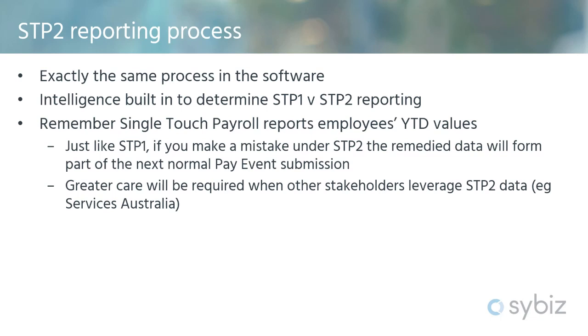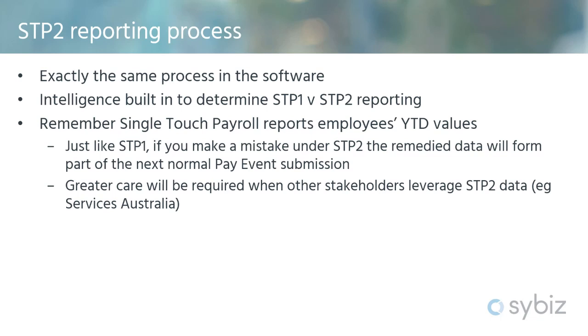So that's a positive, but certainly when you do start doing your child support reporting, the child support team have been pretty hot on jumping onto things that don't make sense, and so you will need extra care and attention. So I think we've shaped this well: let's get used to reporting STP2 data and then start reporting to the other stakeholders by collecting that specific information at a later date.